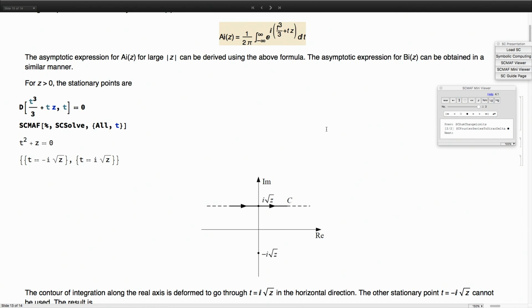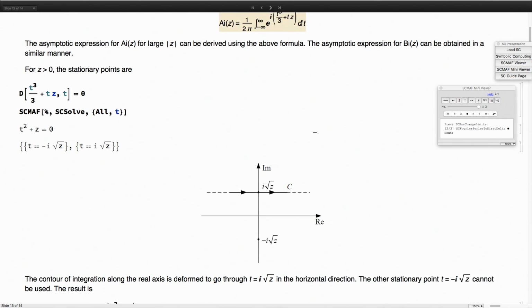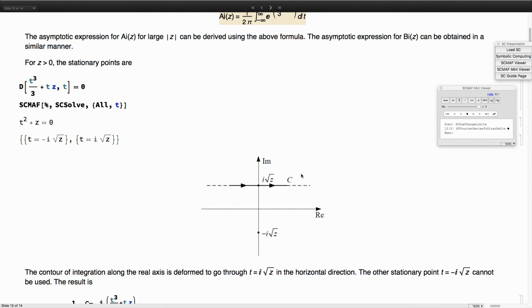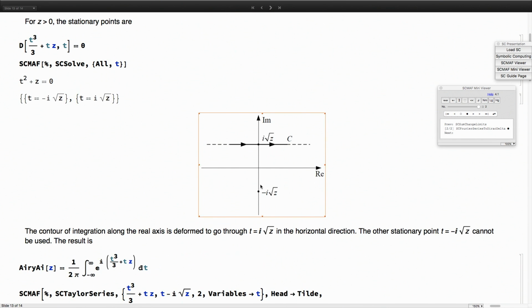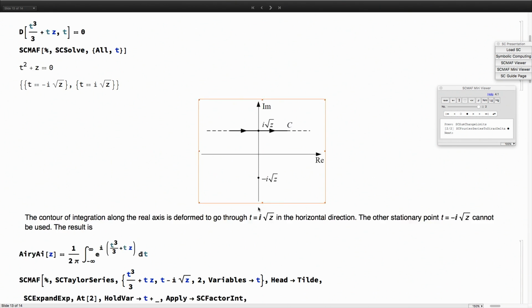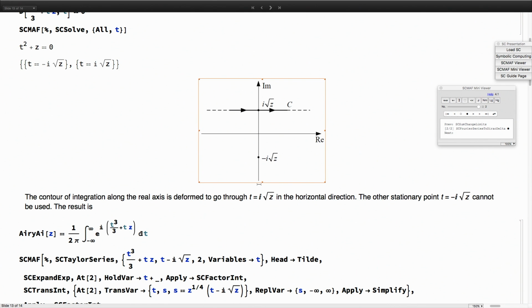Then using complex analysis, the stationary points are here and here, but we cannot use the stationary point in the upper half plane, because we have to go upwards, but there is a singularity here, so the result is not convergent. It diverges, and therefore we cannot use it.